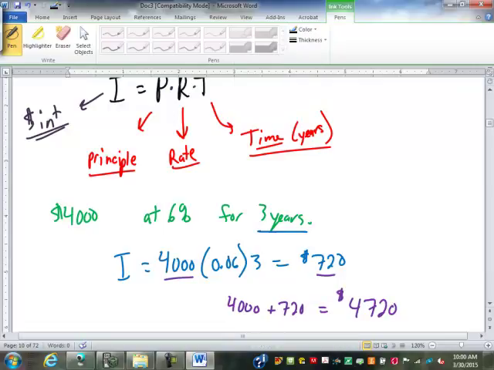Now that's fine, except most places, if you're investing for 3 years, they won't do simple interest. Usually if it's more than 6 months, they do what's called compound interest.